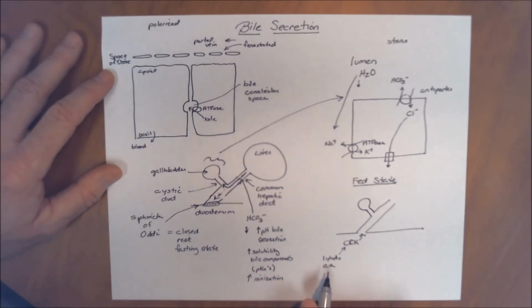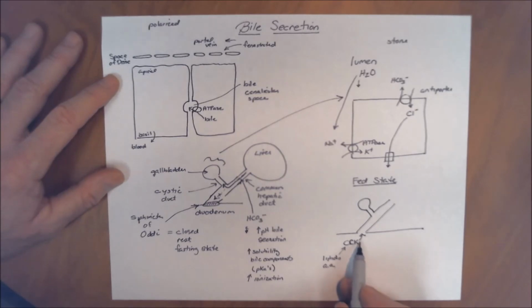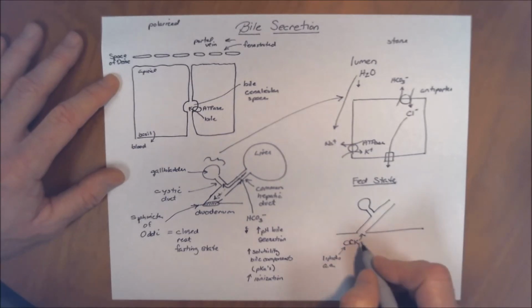These open type enteroendocrine cells regulate the secretion of CCK. CCK is a known hormone we saw in pancreatic secretions to be able to stimulate the secretion of digestive enzymes in the pancreas.